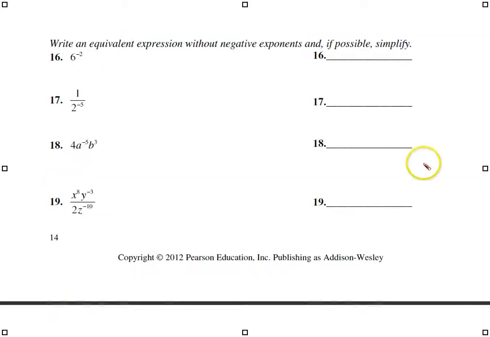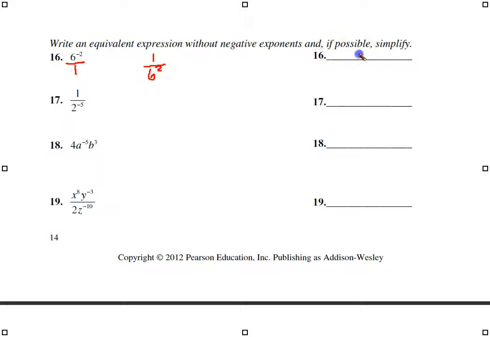Here they want you to write an equivalent expression without negative exponents, and if possible, simplify. So this is going to be 1 over 6 squared. As I move that negative exponent across the division bar, the sign of it changes.